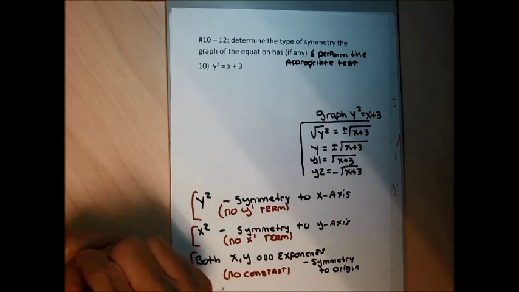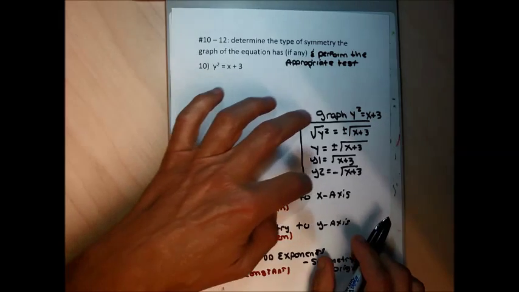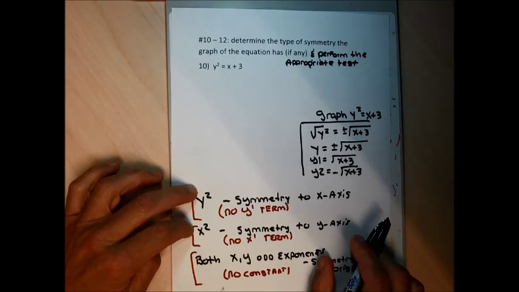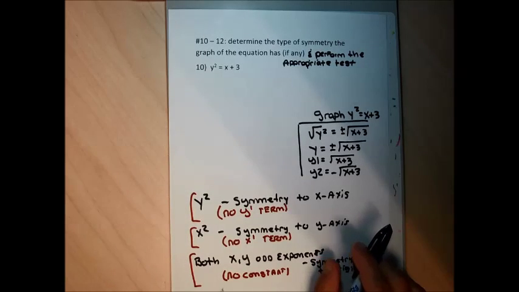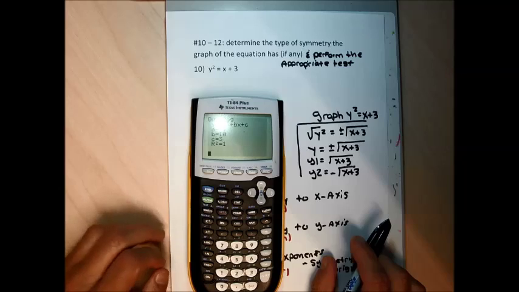I'll look at that graph. That graph should have symmetry to the x-axis. If it does have symmetry to the x-axis, then I'm fairly certain the graph is really symmetric to the x-axis, and I'll do the appropriate algebraic test. The appropriate algebraic test to check for x-axis symmetry is to replace the y with negative y and solve for x. So let me go ahead and graph this.